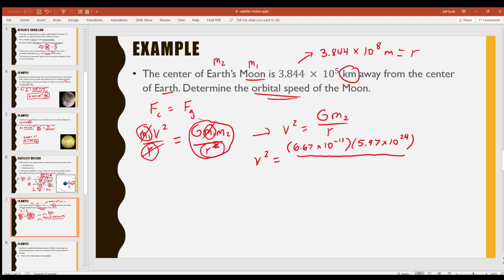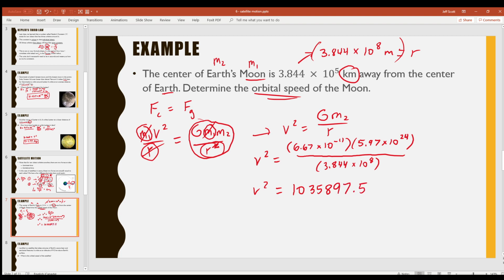Divide this whole thing by r, which we calculated at the top up here, to be 3.844 times 10 to the 8 meters. I'll throw this in my calculator really quick. That's v squared is going to equal, and I'm going to keep pretty much as much of the numbers as possible, 1035897.5.